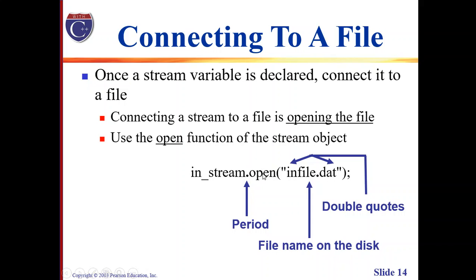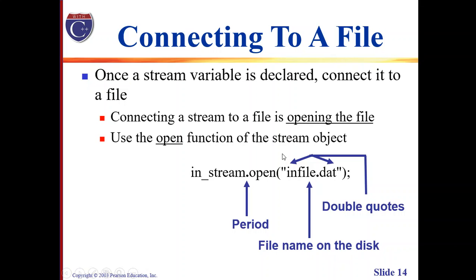So how do we call functions of an object? So in this case, inStream is actually an object which was originally declared as an ifstream variable. So to do that, we call a function by using a period. Okay, so inStream.open. So that will call the function open.